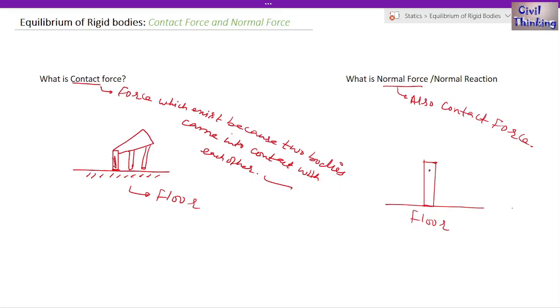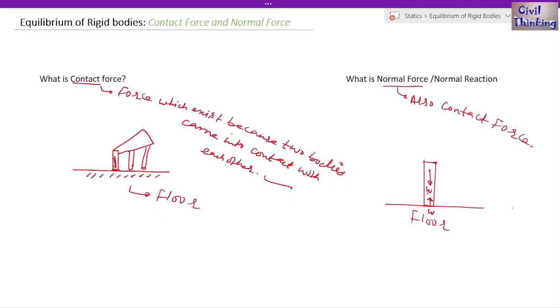Now there is some weight of this body. Let the weight be W. According to Newton's third law, for every action there is an equal and opposite reaction. So the floor will exert back a force on it, a reaction force against W. This will also be equal to W because the reaction is equal but opposite to the applied force.